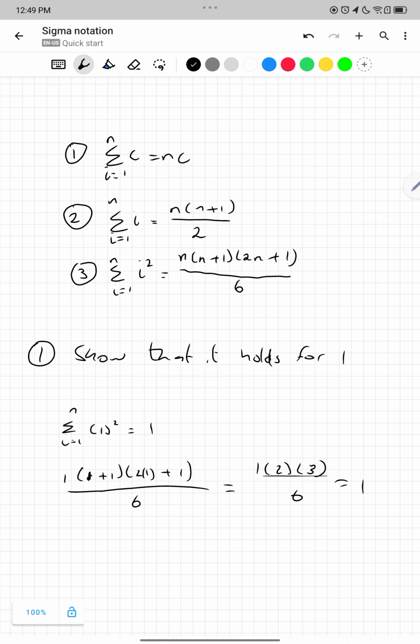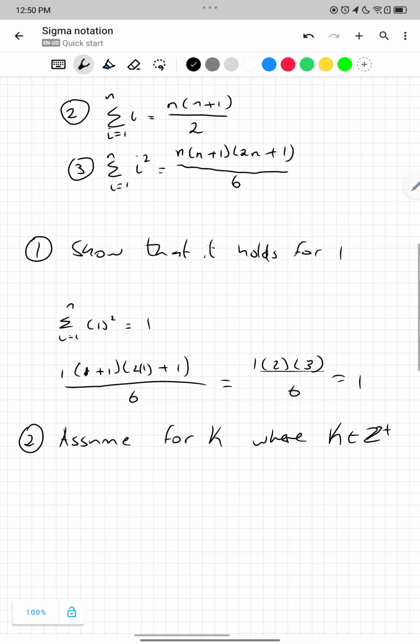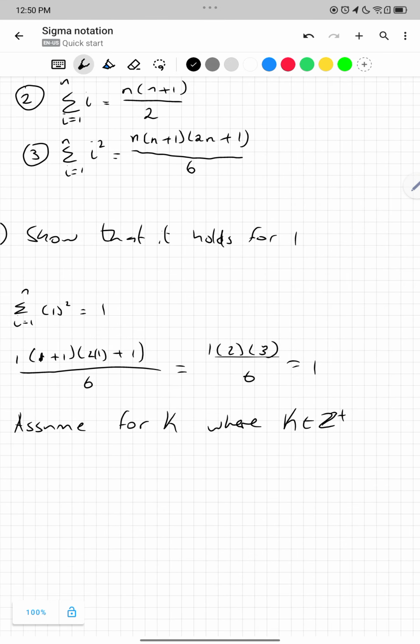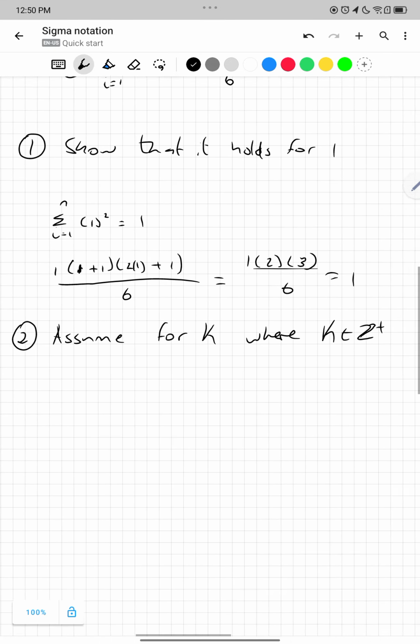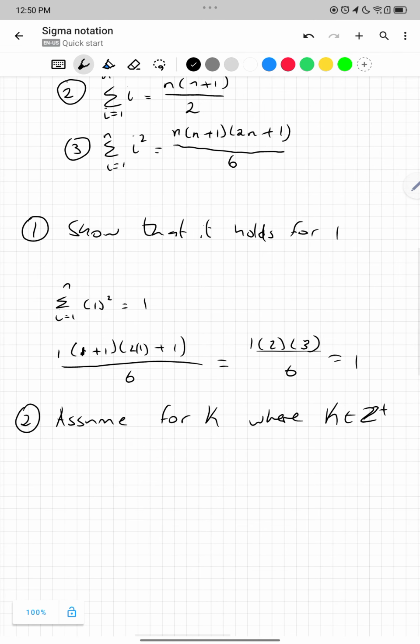So it holds, right? Now assume it holds for k, where k is an element of positive integers. So assuming it holds for k, we are going to have the following.